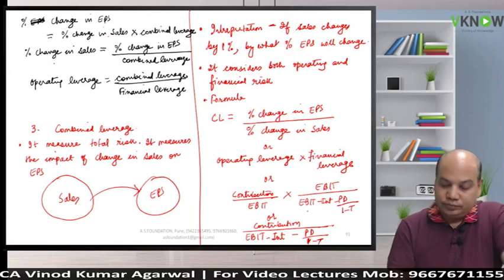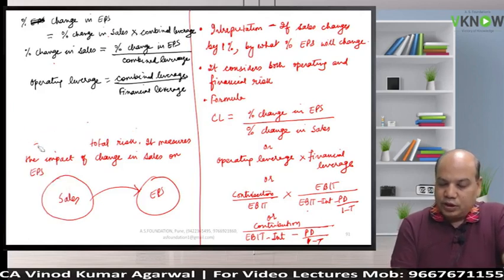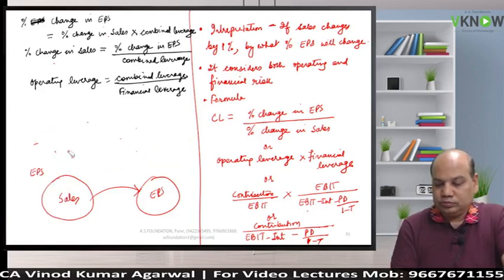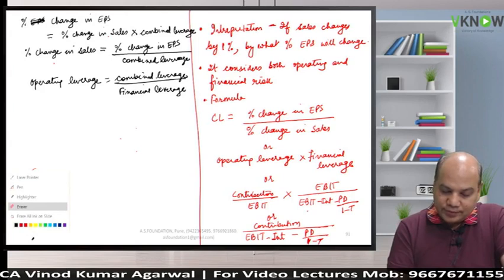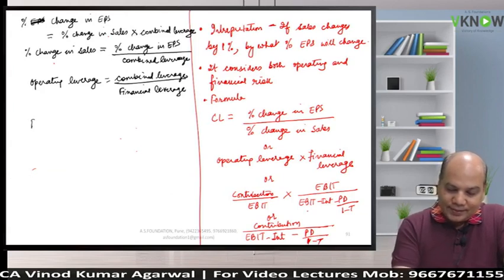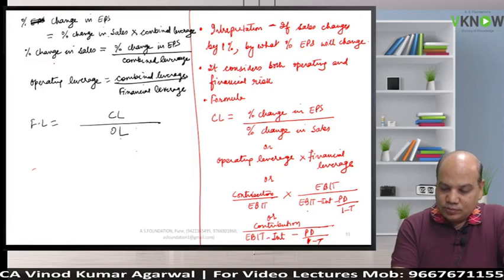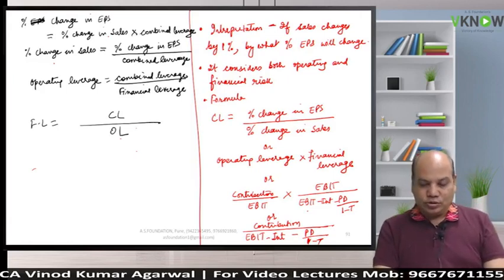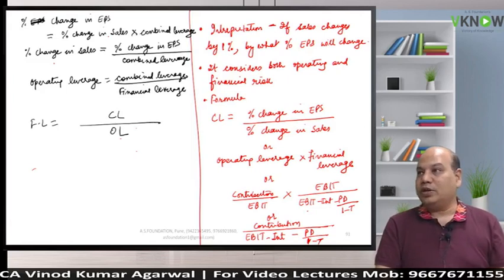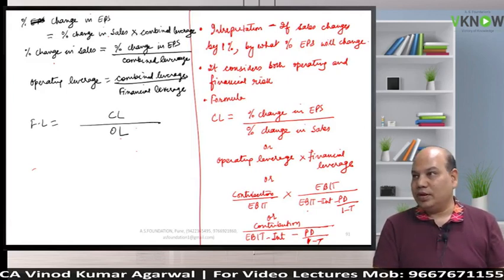One more, write: financial leverage is combined leverage upon operating leverage. So sometimes they will give you two ratios, and you can find the third one.